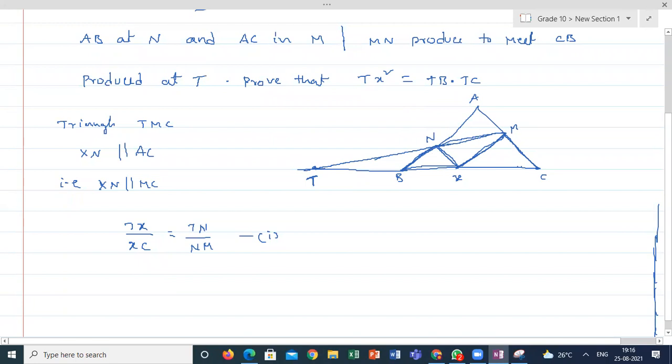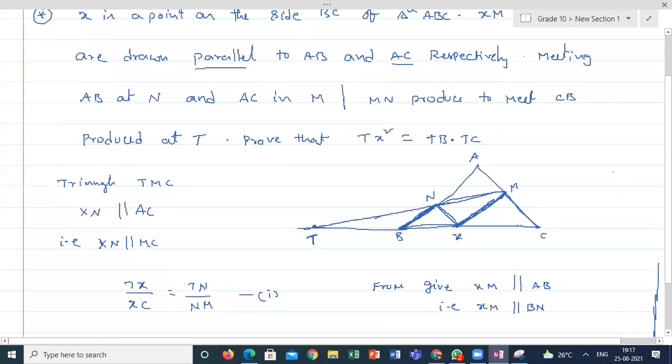Now, NB is parallel to which triangle? NB is parallel to MX. From the given, XM is parallel to AB, that is XM is parallel to BN. Correct?